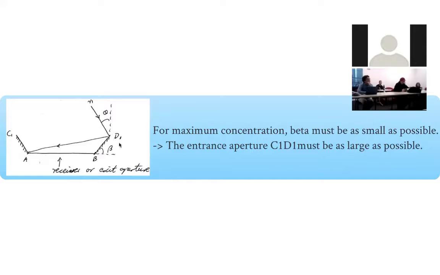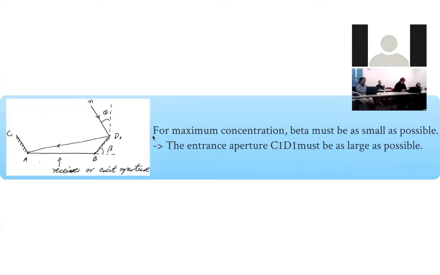Of course, that also means my entrance aperture C1 D1 gets larger and larger. If I tilt this down, D1 moves towards the right, C1 moves towards the left, and my entrance aperture gets larger and larger. If AB remains the same, my concentration is increasing because I'm collecting from a larger area.